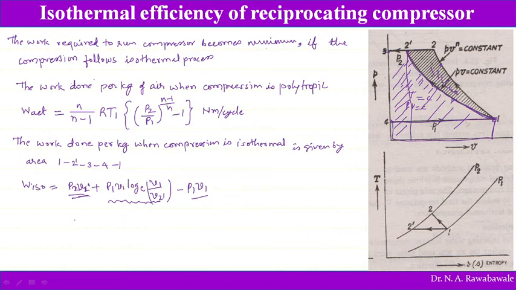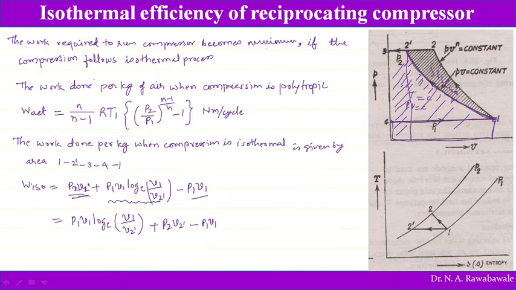Now on simplification we can rewrite this equation as P1 V1 log to the base e V1 divided by V2 dash, plus P2 V2 dash minus P1 V1.